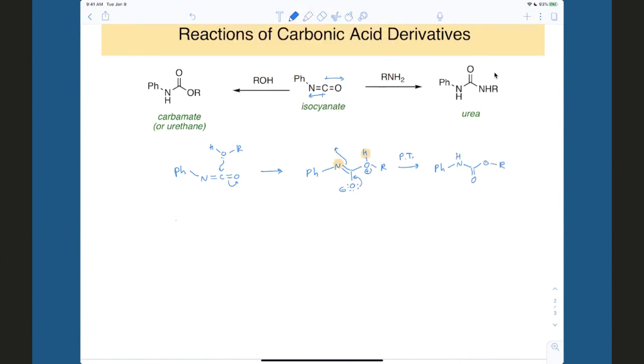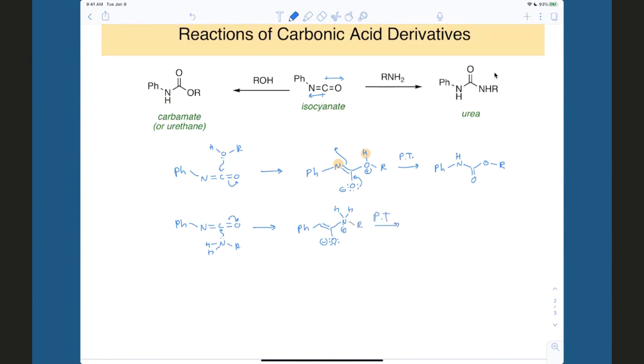The exact same process can happen if you add in an amine. We'll do our addition and make this zwitterionic intermediate. Amines add in much more quickly because they are more basic.